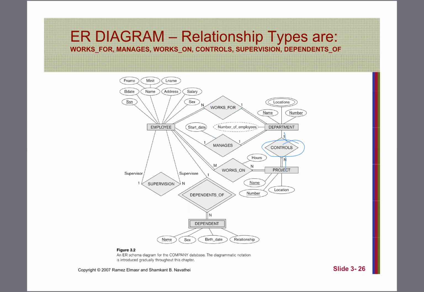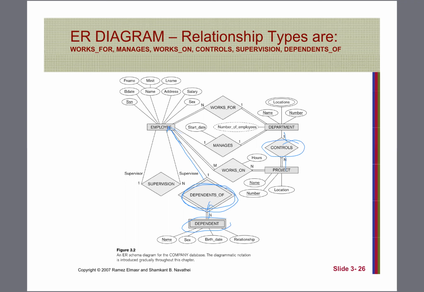Then the employee and dependent tables are joined together with the help of the relationship dependents of. So these dependents are the dependents of some particular employees.